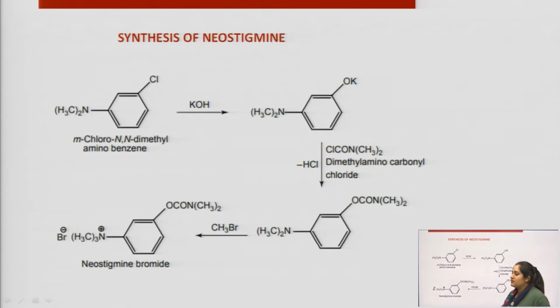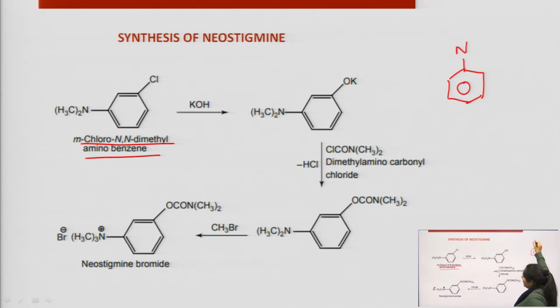And here is the synthesis of neostigmine. So, first of all we will take metachloro-N,N-dimethylaminobenzene. This is benzene, it has an amino group, it means it contains N, and at N it is N,N-dimethyl. So, it has dimethyl, and metachloro.